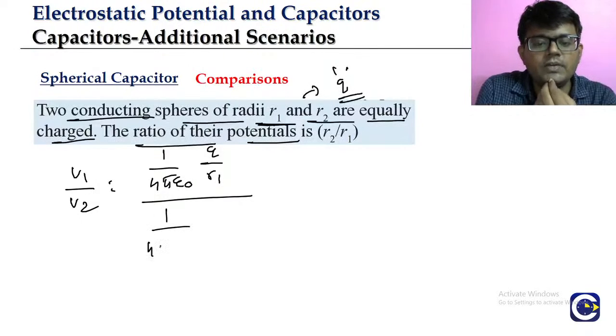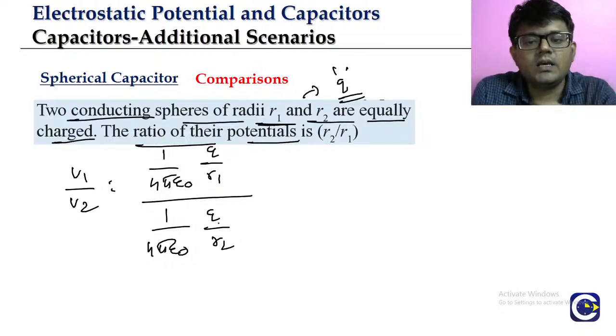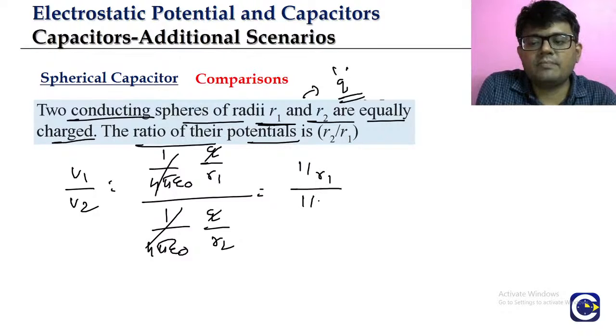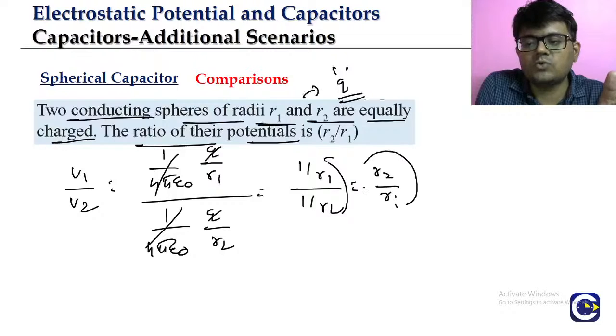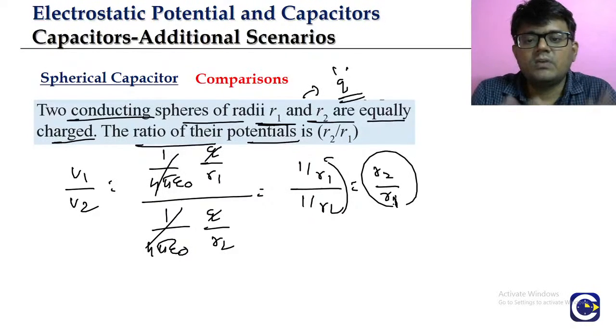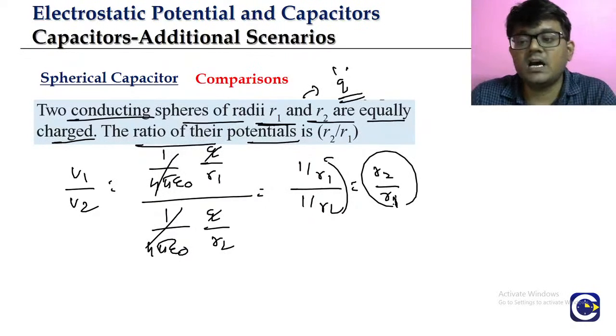And v2 is what? 1 by 4 pi epsilon naught q by r2, because in both spheres we have the same charge. Now these will cancel. So what is it? 1 by r1 divided by 1 by r2 means what? r2 goes to the numerator. So it is r2 by r1. So this is a standard result. If we are giving the same charge, what is the ratio of their potentials? It is r2 by r1.